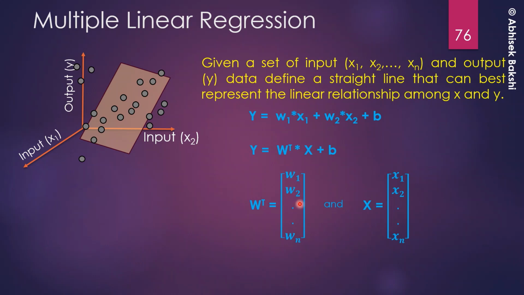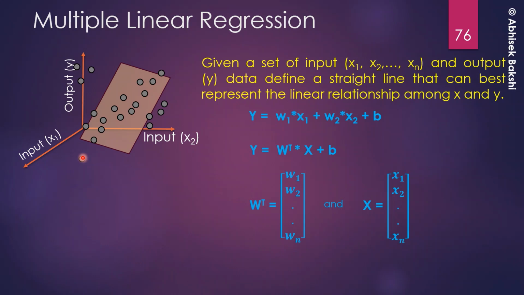So w1 w2, so w transpose, and x is again a column vector, because x means a single point which is a combination of multiple components, like x1, x2, x3 and up to xn. Now this value of n will vary depending upon the data set.